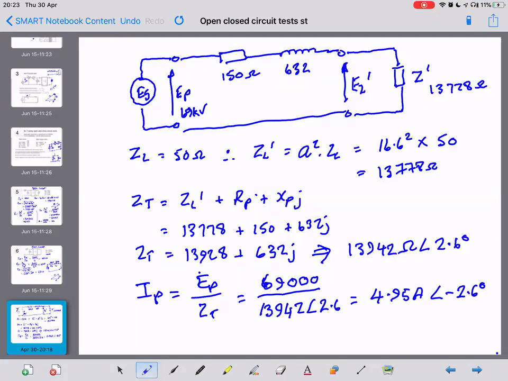Okay, everyone happy with that? So that's the primary current. I think that's one of the things that was asked for.